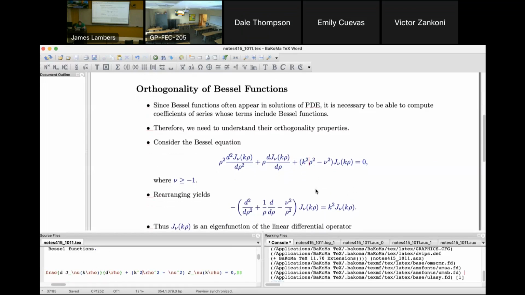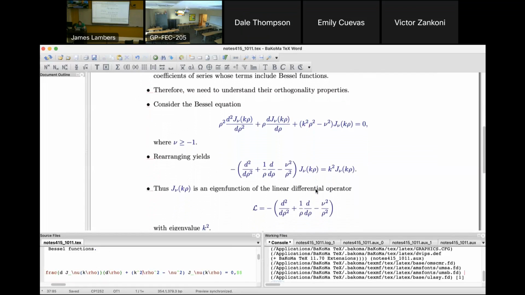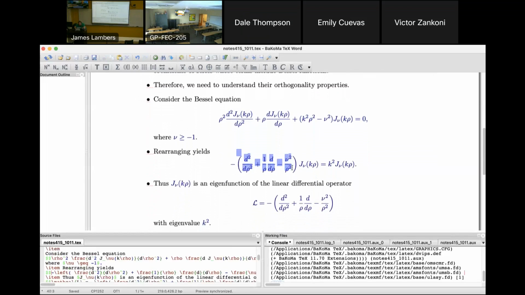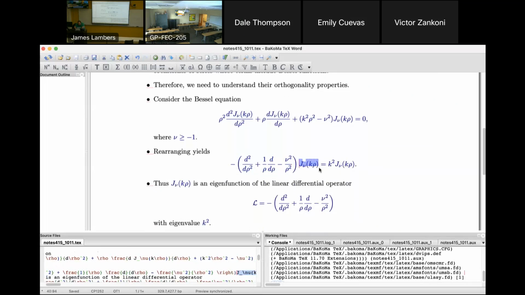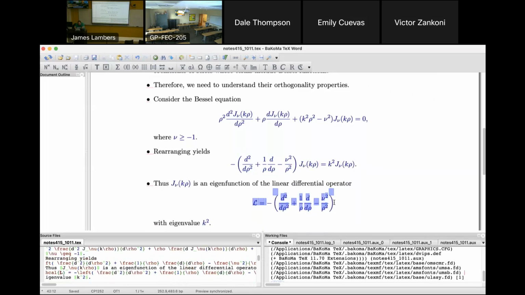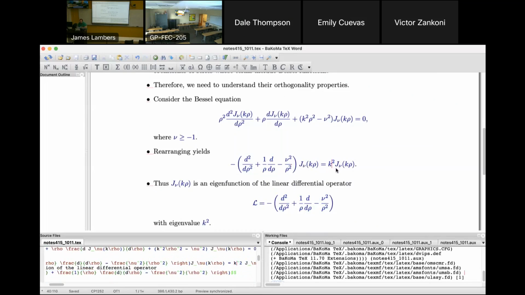And this is what we get: a linear differential operator L applied to the Bessel function is equal to the constant k squared times the Bessel function. So J nu of k rho is an eigenfunction of this differential operator L, and the eigenvalue is whatever number is multiplying the Bessel function on this side, k squared.